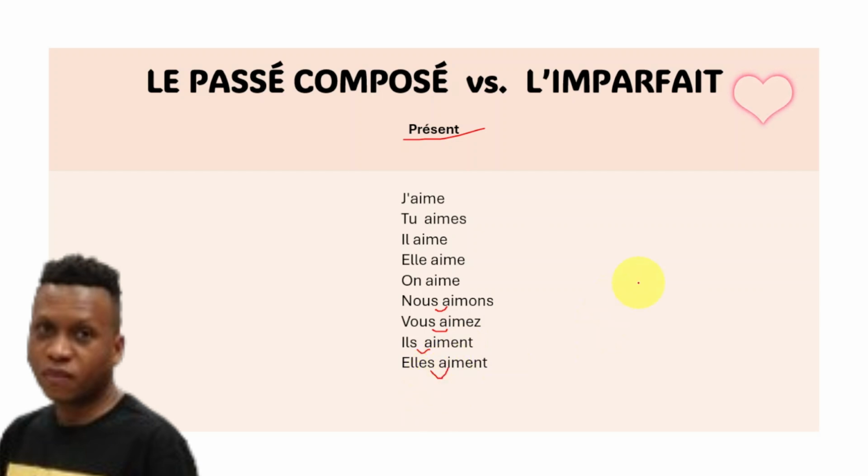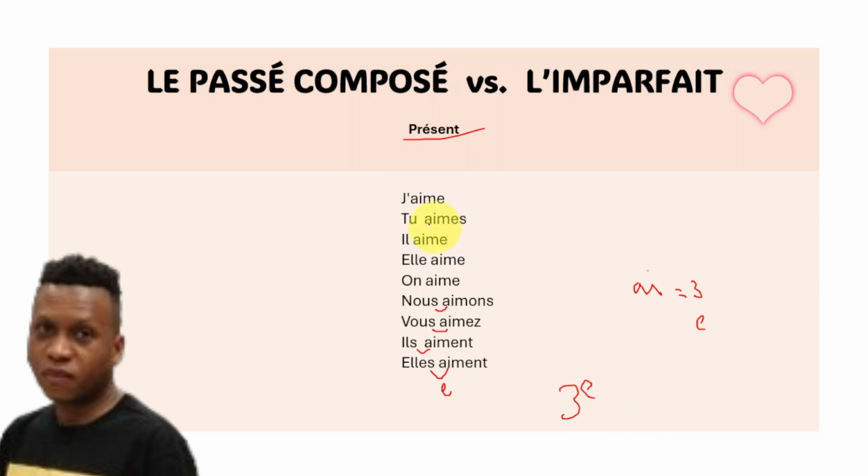Because remember, this one sounds like eh. But if you say it like this, I understand. If this s sounds like z, the way you say z, so ils aiment, elles aiment, it's okay.